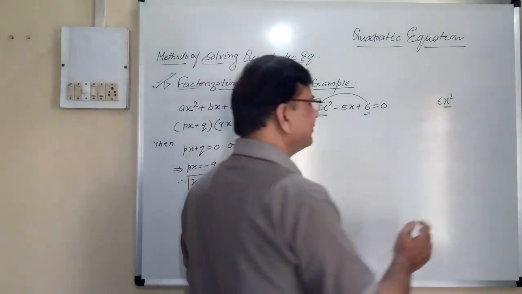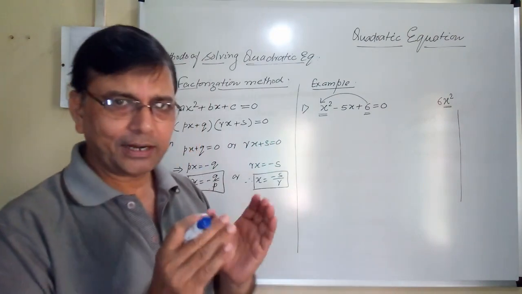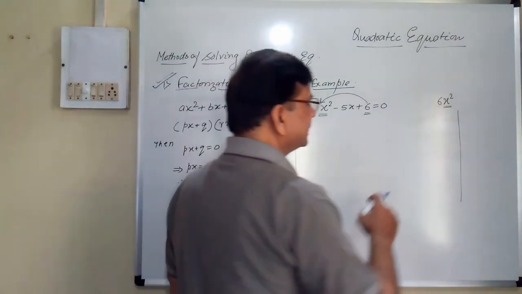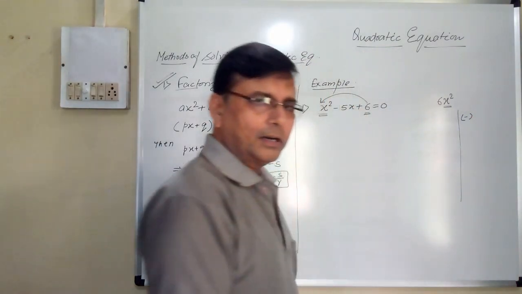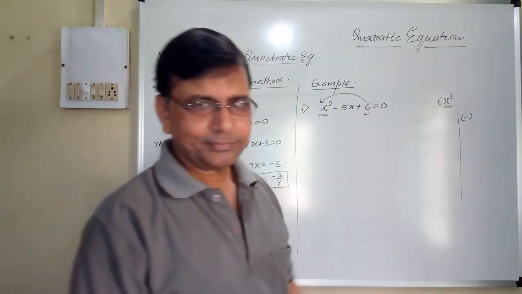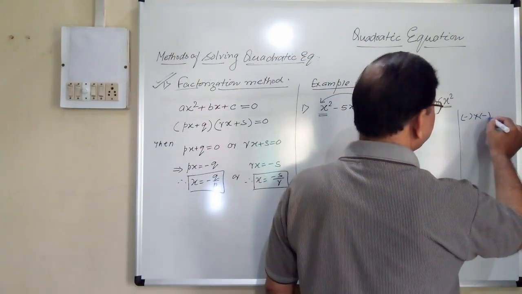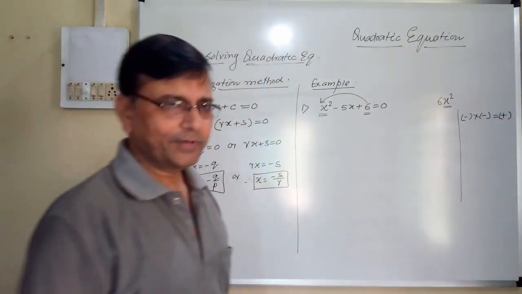So in short, I will write something over here, the sign of the product of two numbers. Suppose one number is negative, another number is also negative, then the product is positive. Very important.